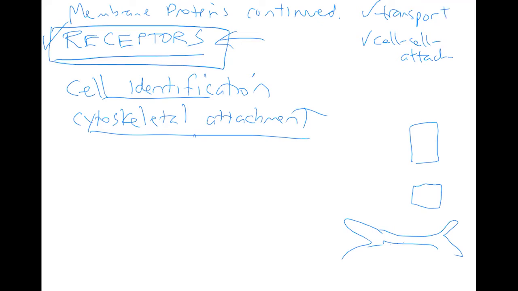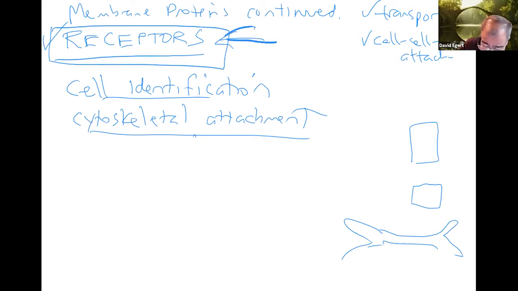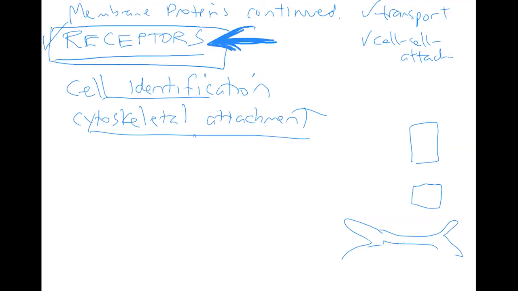Would transduction be one? That's going to be related to the receptors, I would say. When we get to the receptors in more detail, we're going to meet a whole family of special proteins, all the G proteins and things like adenylyl cyclase, that are creating the second messengers that are going to be part of signal transduction.